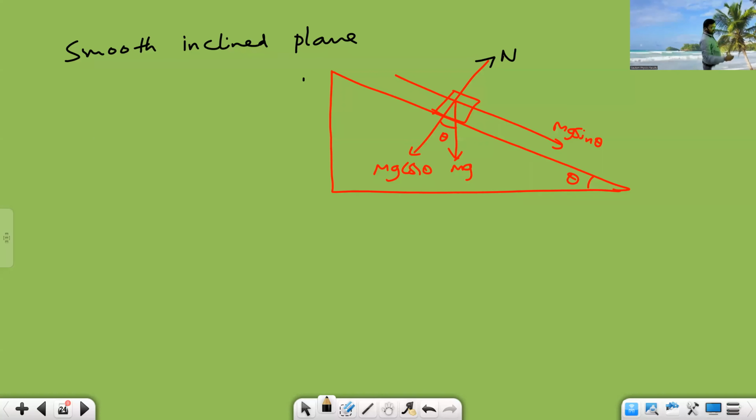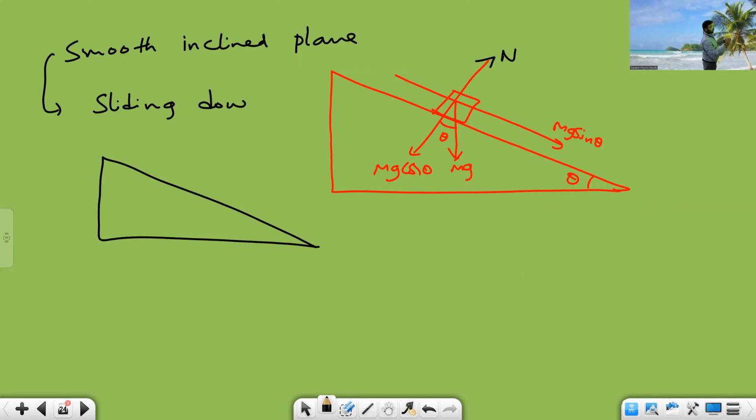They told the body is sliding down from the top. Suppose here velocity is u, here velocity is v, and u is equal to 0, and it travels from here to here a length L, and the angle of inclination is theta, and the time taken to reach the ground is t.